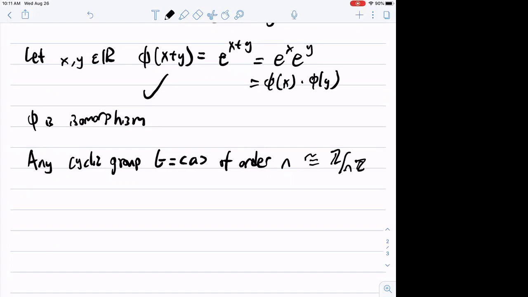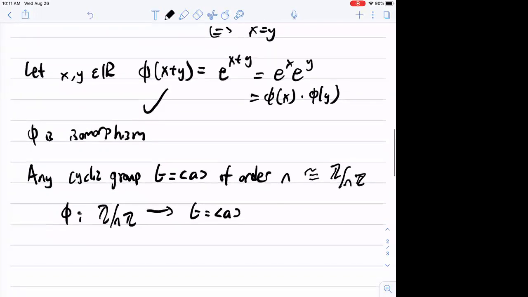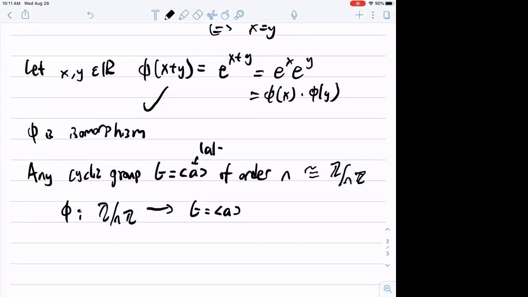Now, why is that? What is our map? We map Z mod nZ to G equals <A>, where A is a generator, so the order of A is n. How do we map it? Well, we map the element k to A to the k.